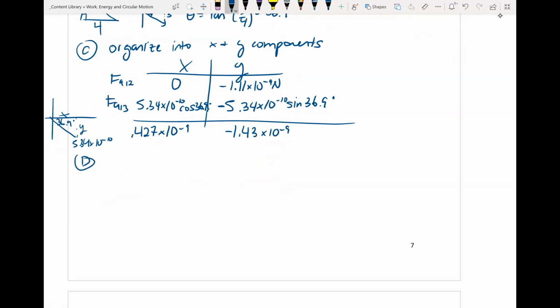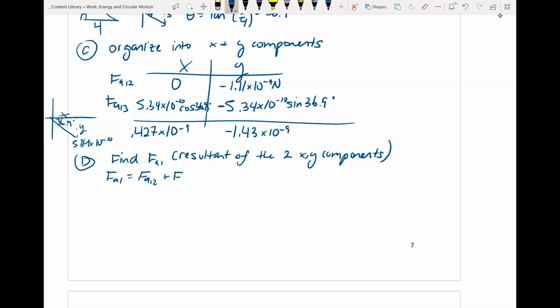Our next step is to find FA1, which is the resultant of those two components that we just found. This is also saying that we're going to do vector addition, so that's FA12 plus FA13 to get FA1.